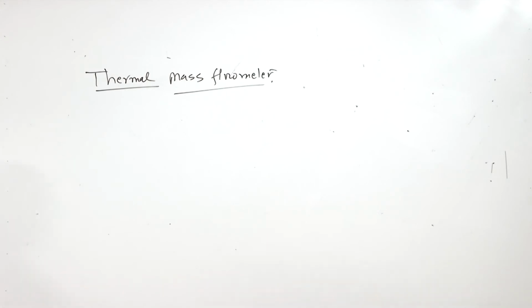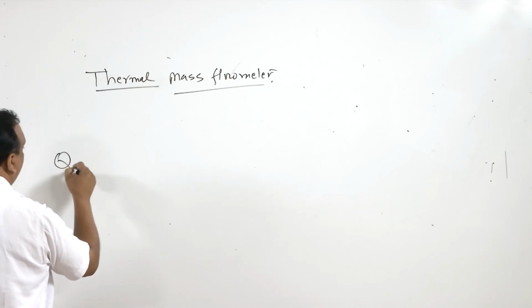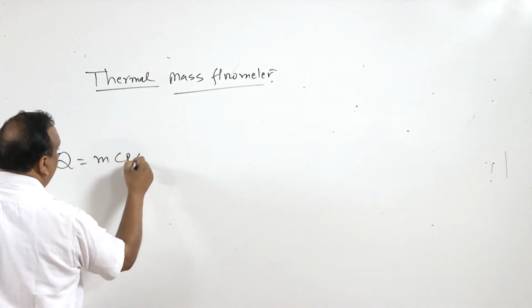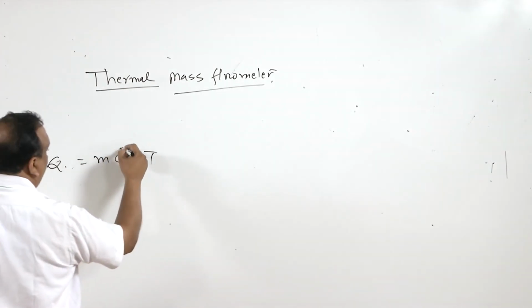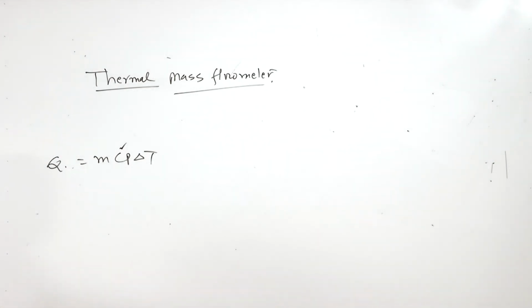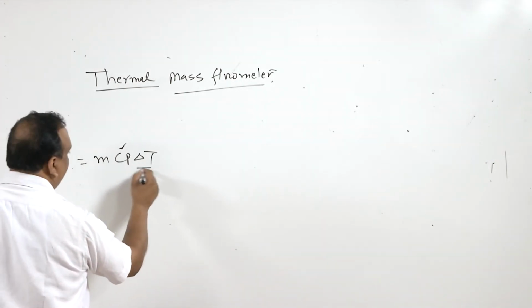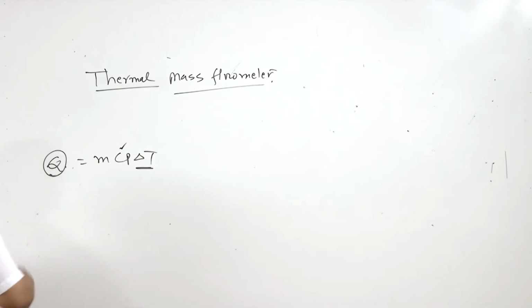One arrangement is Q is equal to mCp delta T. This Q is heat transfer, right? Q is equal to mCp delta T. Now if Cp for the fluid is known, if we know the delta T and Q is the heating of the fluid, we can find the mass flow rate. This is the working principle.